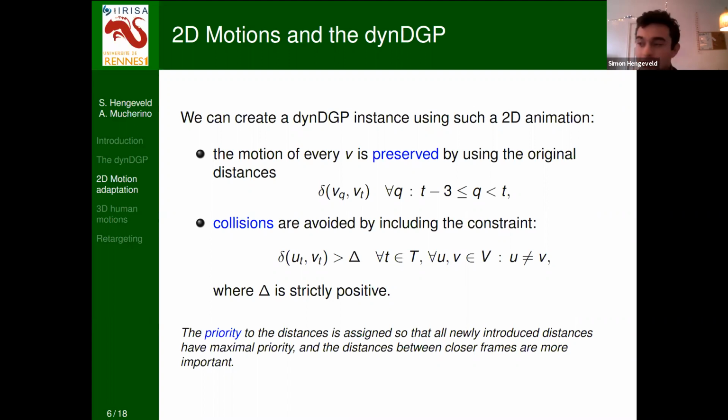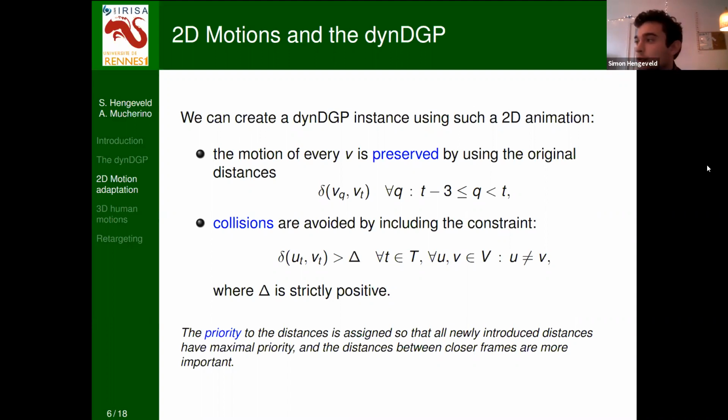Then we can add something extra, like we can try to avoid collisions by making sure that all distinct vertices, or distinct objects in our problem, keep a distance that's at least larger than a certain threshold delta, where this delta is positive. Then we make sure to assign the priorities in such a way that all the newly introduced distances have a maximal priority, because distances between frames that are closer are more important.